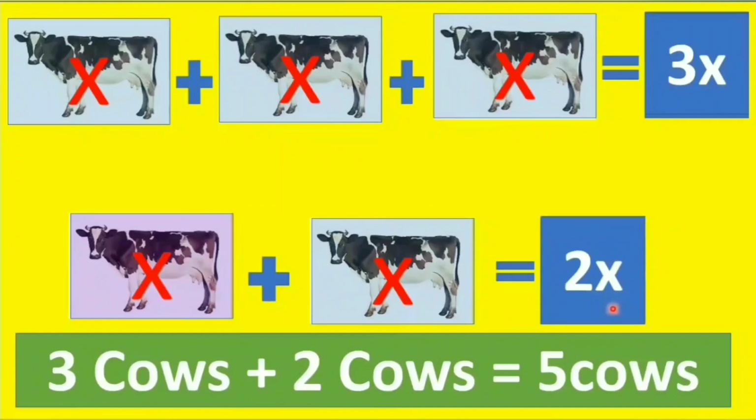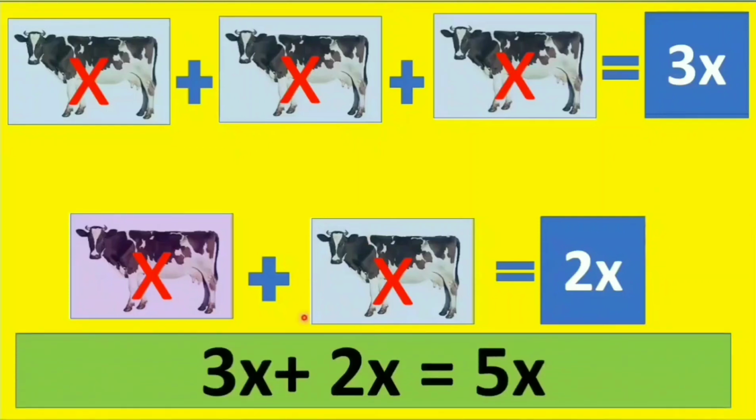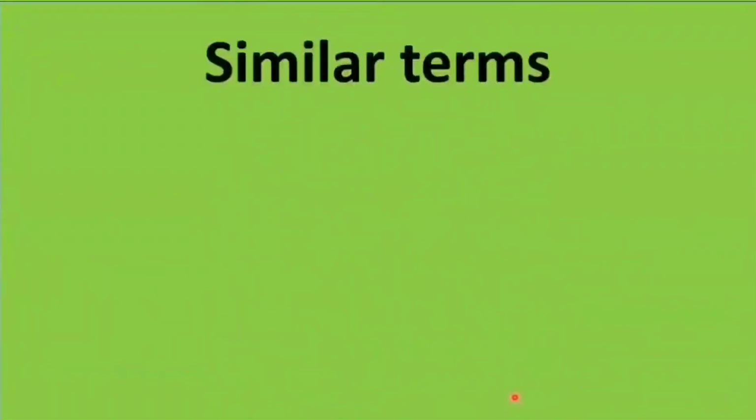It is 2x. So we are adding the variable x here. Here there is 3x and here there is 2x. So see here, the variables are same, isn't it? Yes. And their numerical coefficient is different. So see, as the variables are same, we call these similar terms. And we can add or subtract similar terms as we are adding here. See, 3x plus 2x, it is 5x. So see, they are similar terms.